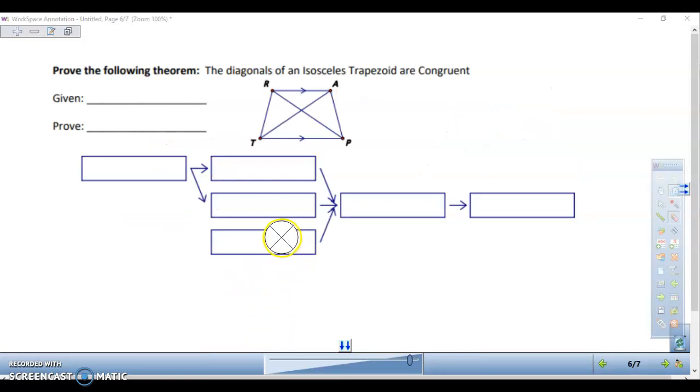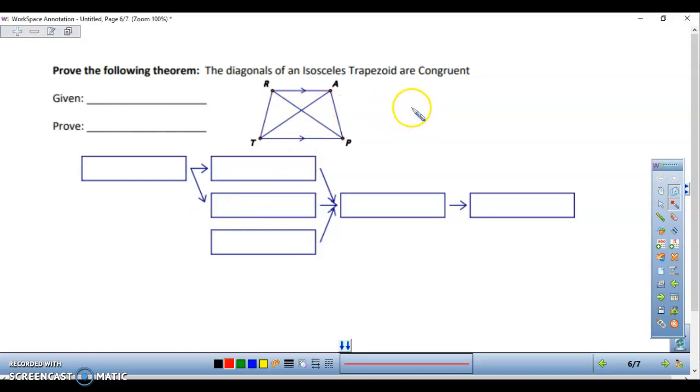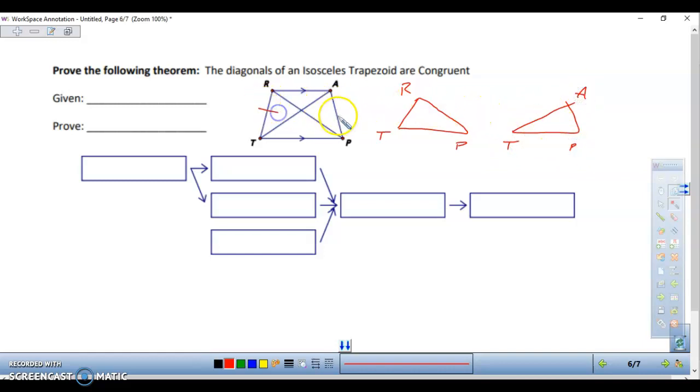All right, you guys. And so the next thing I was going to do is just a quick run through that proof. I'm not going to fill this in because I just want to save time, but I'm just going to show you why the diagonals would have to be congruent, okay? And so I just want to make sure there's enough time to look at the next examples. But look, if I were to separate these overlapping triangles that are in this trapezoid, so R, T, P, and then this is T, P, A. Notice, if this trapezoid was isosceles, then the legs would be congruent.